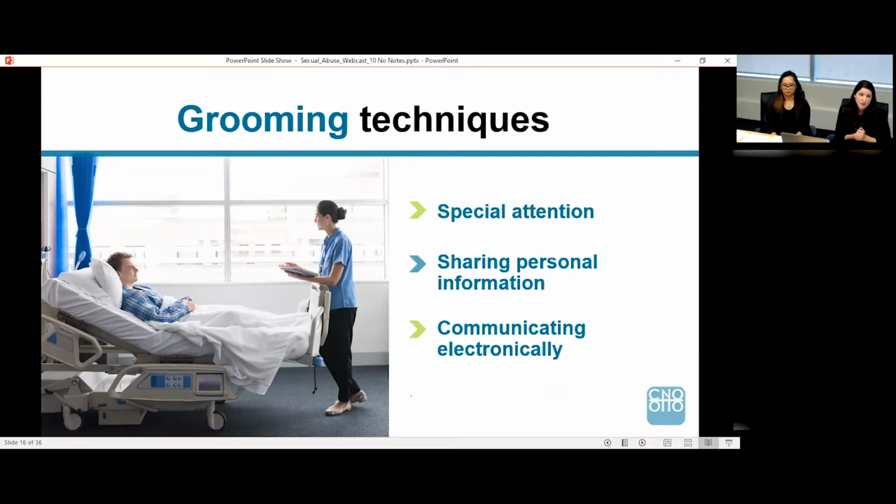This could be spending time with a patient before or after shift, or giving a gift to a patient. Another common technique was sharing personal information with a patient, such as a nurse sharing information about a romantic relationship that isn't going well. The other common technique was communicating electronically in a personal way with the patient. In some of the matters that we looked at, more than one technique was used.